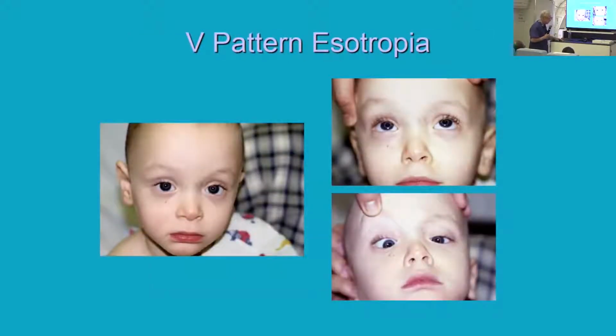So, what about a V pattern esotropia? Here's one that has a much greater deviation in downgaze, and once again, he didn't really have too much in the primary position, maybe a little eso, but not much. In upgaze, he looks pretty much ortho, but in downgaze, you can see by the pupil reflexes that he's gone into a pretty large eso in that position.